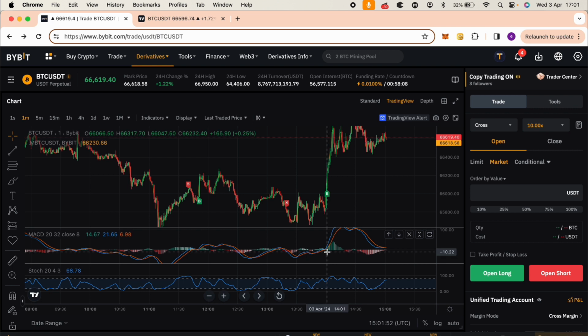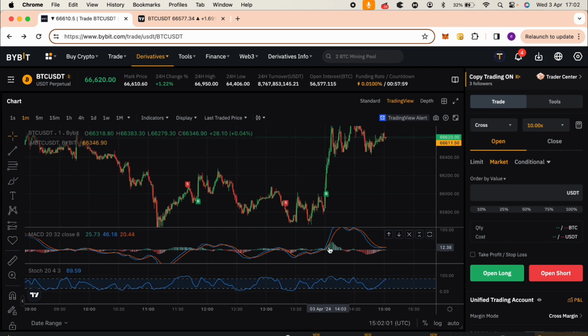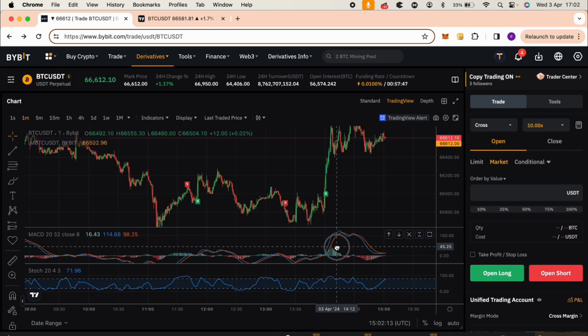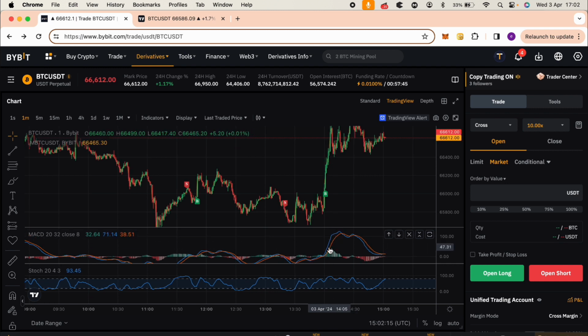But most important, we can see here the orange line below the blue line continues going up. We see all these green candles telling us that there is a lot of volume and a lot of momentum, and the more the price goes up, the more time goes by, these two lines get more and more separate.